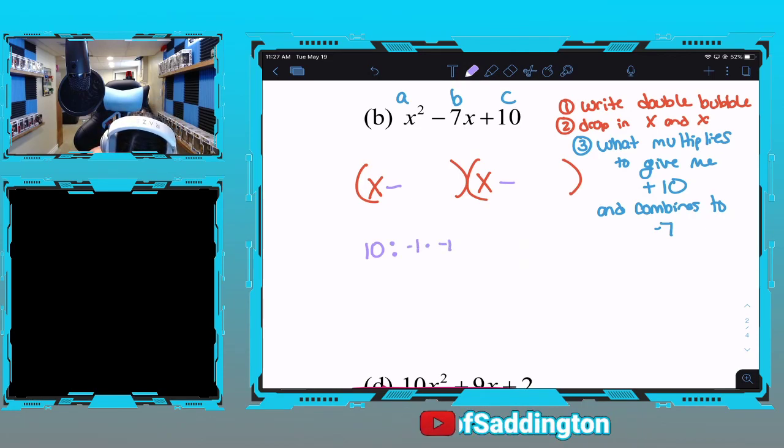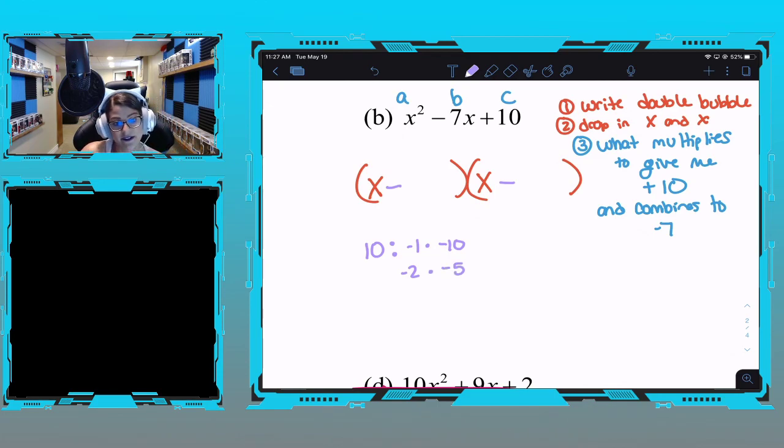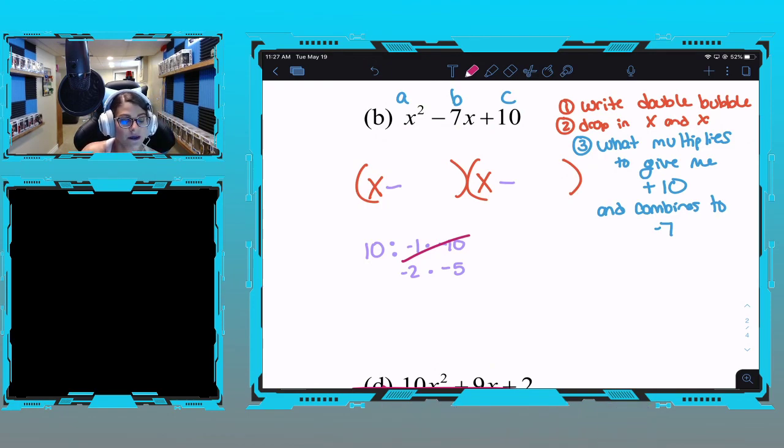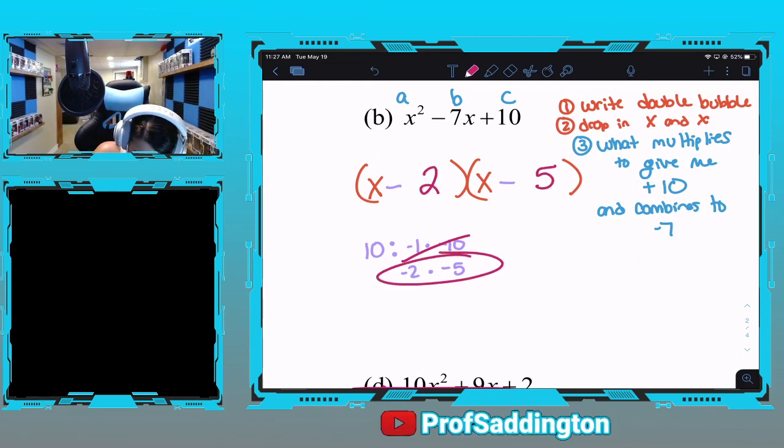Negative 1 times negative 10, negative 2 times negative 5. One of these will combine to give us negative 7. Negative 1 plus negative 10 is negative 11, so that doesn't work. And negative 2 plus negative 5 does give me negative 7. So that's going to be 2 and 5.